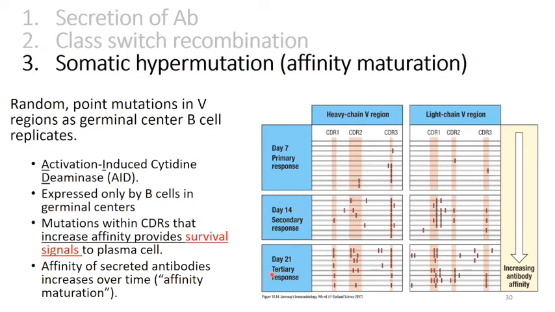And then even after a third exposure to the antigen, we're sort of driving out these high affinity antibodies. You can see that by looking at these sequences, and you can see the mutations accumulate in those CDR loops, the complementarity determining regions. And that, over time, increases the affinity of the antibody, which is a remarkable process, really. And that process is called affinity maturation.